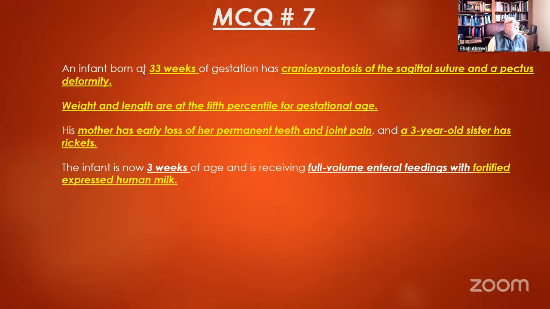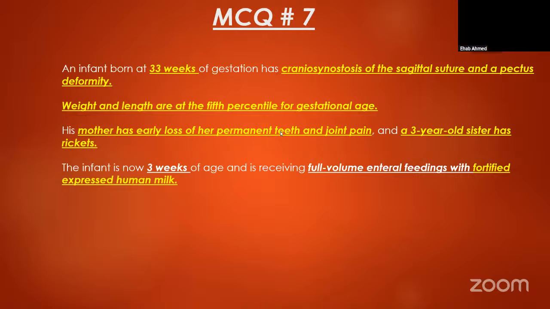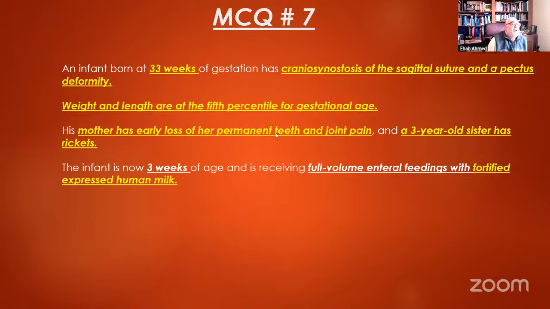So: 33-week craniosynostosis, chest deformity, SGA, intrauterine growth restriction, positive family history in the mother and in a sister affecting the bone, the joints, the teeth, and the girl has rickets.